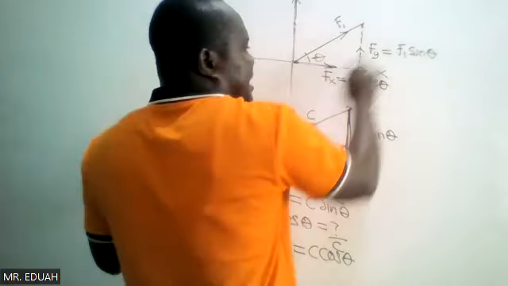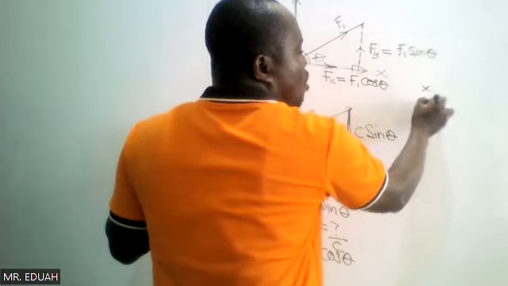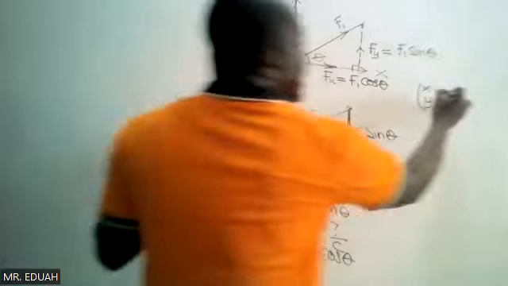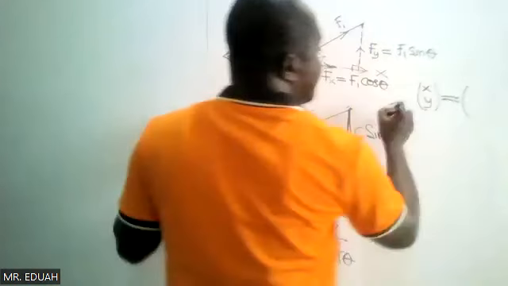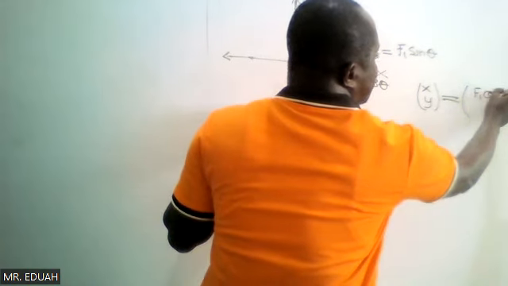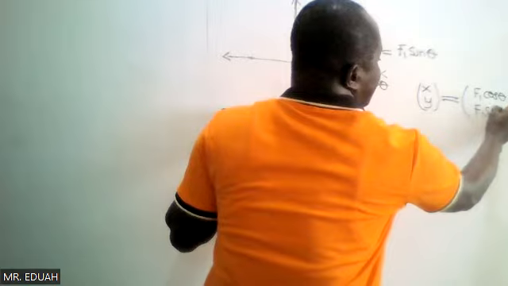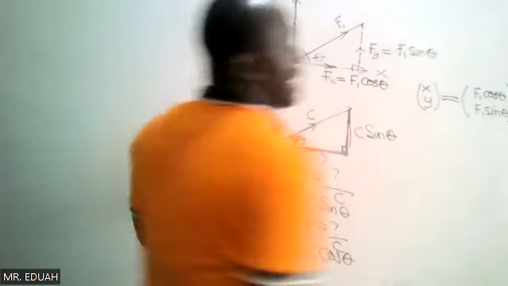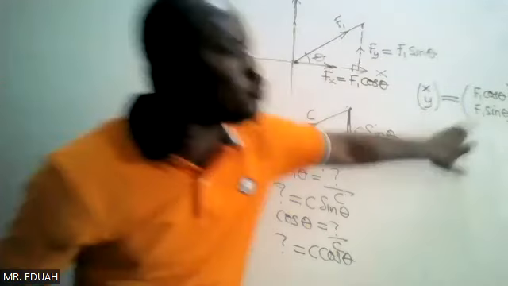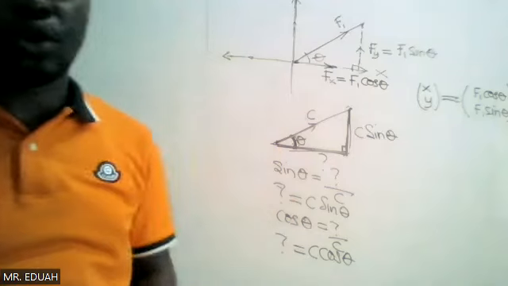Once I have this and this, it's like I have the component of the force F1, xy, and this is equal to F1 cos theta, then F1 sine theta. By this, it means that I have resolved this force F1 into components. Resolution of forces into components.